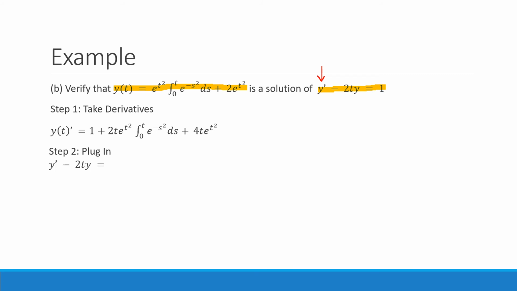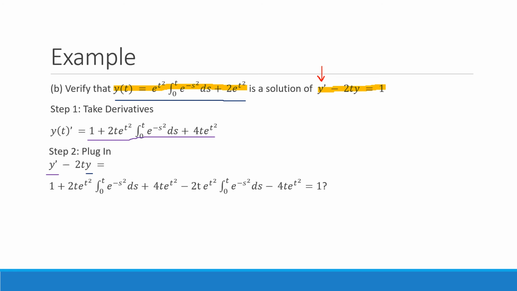So if we plug in our first derivative from this equation and we put it into our differential equation and we subtract 2t times y, where y is coming from our solution defined in our problem, and we stick it right in there, making sure to distribute out our 2t, we end up with this equation.